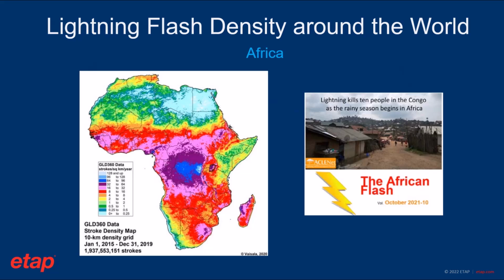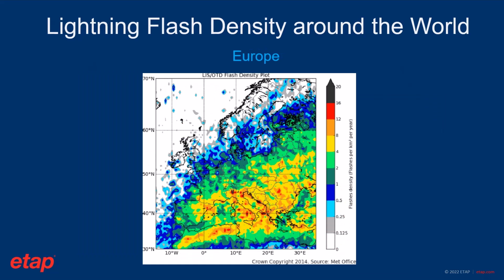Similar to Africa, Europe also has several flash densities per square kilometer per year, and as you can see, the number of flashes ranges from 2 to almost 8, or even sometimes 12 flashes per square kilometer per year.